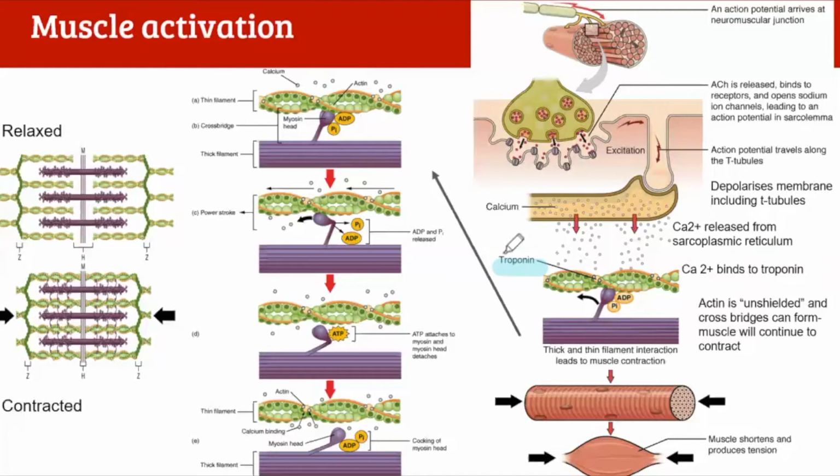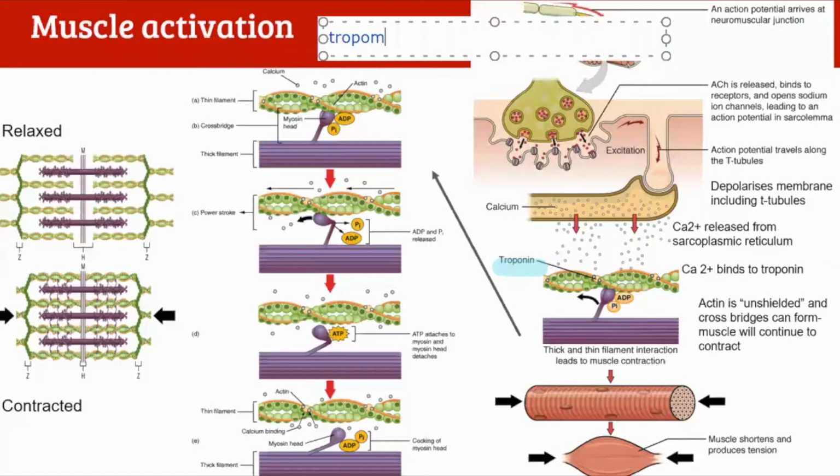It is also bound to another protein called tropomyosin, another regulatory protein. So troponin and tropomyosin can be bound together, and troponin can also bind to calcium. So there are three different things troponin can bind to: actin, tropomyosin, and calcium.